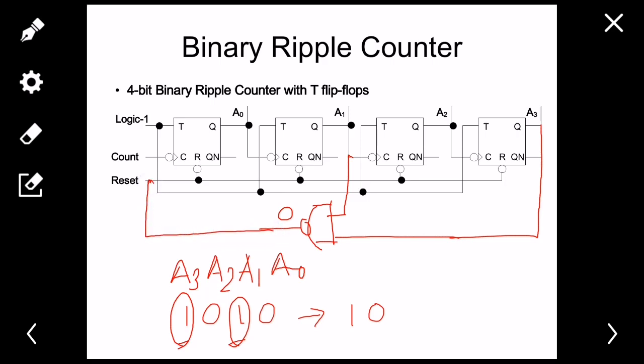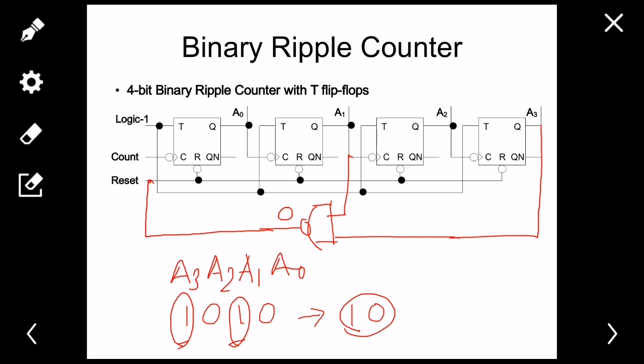Interestingly, when the counter generates 10, immediately the whole thing will be reset, and goes to 0. This will happen in a very fast manner, so we won't actually be seeing the 10 coming from this counter.